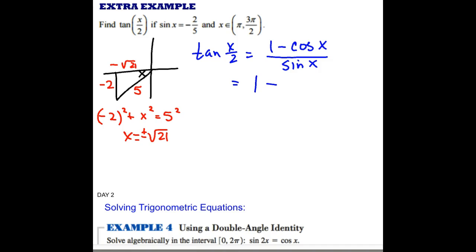The cosine of my angle is negative root 21 over 5, and the sine of my angle was negative 2/5. They gave me that one. Okay. What happens when you subtract a negative? So this is really 1 plus root 21 over 5. Can we think of that as 5 over 5 plus root 21 over 5?